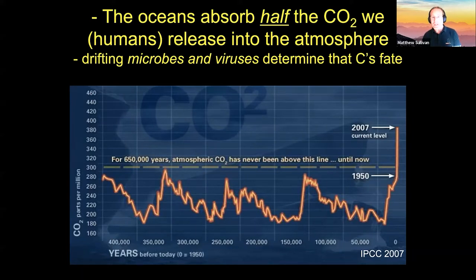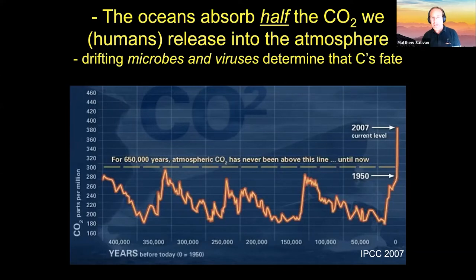And the oceans actually absorb that carbon dioxide by diffusion through the air-sea interface. That leads, through Bjerrum chemistry, to carbonic acid. So ocean acidification has its roots in the carbon dioxide that we humans put in the atmosphere.